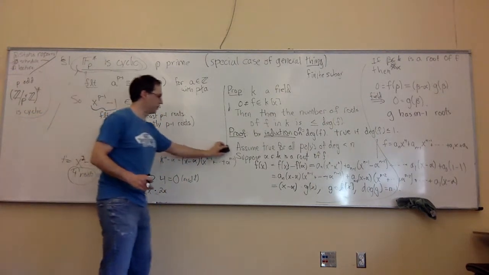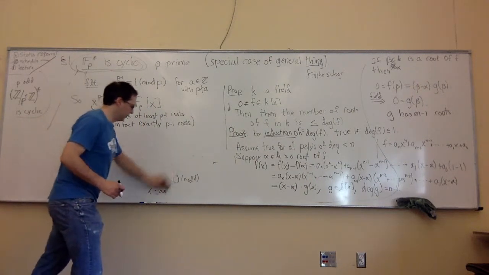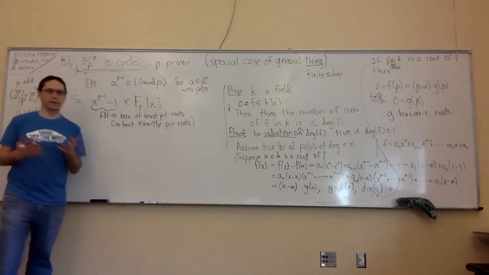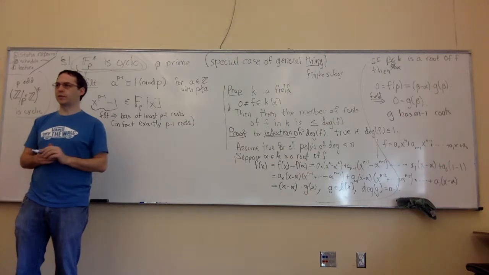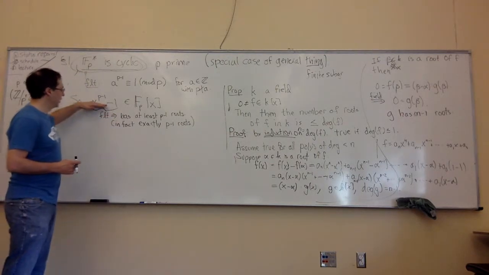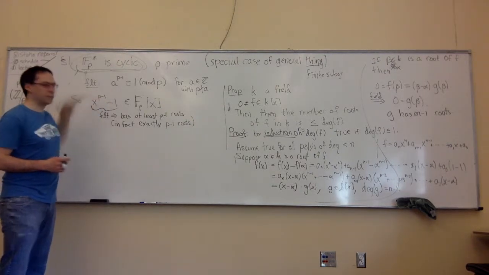So what we'll do, we have to do an additional trick. But it's kind of a step in the right direction. So here's the idea. Let's say you want to figure out how many elements have order p minus 1. What you could do is you could take this polynomial, every root of it is an element of order that divides p minus 1.